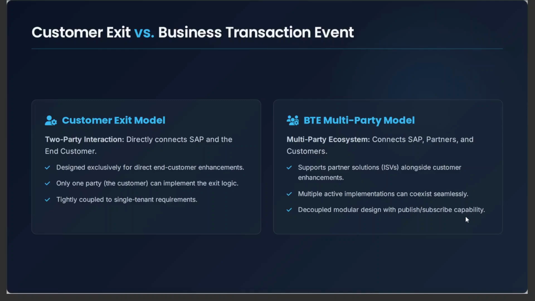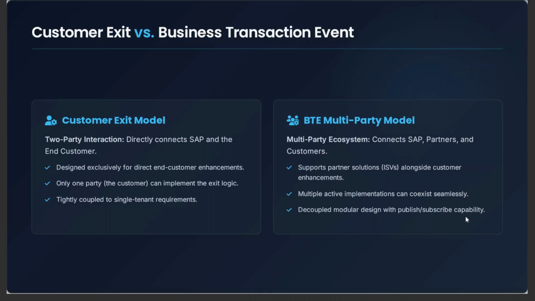A critical question often asked in ABAP interviews and development design is how a BTE differs from a customer exit. In a customer exit, there are only two parties involved, SAP, the software provider, and the end customer. SAP leaves a slot in the code, and only the customer can fill that slot.